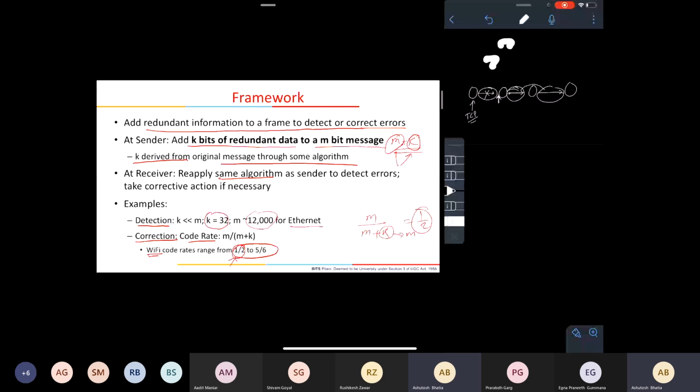So when the packet is lost, how will you know that it should be retransmitted?